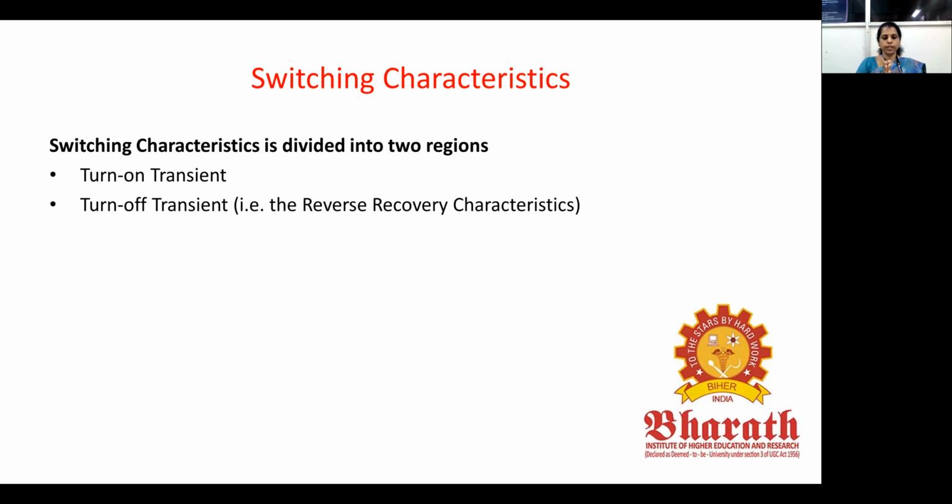Before going into it, we will classify into two regions: one is the turn on transient, the other is the turn off transient. We are going to analyze the various parameters like voltage and current with respect to time. As time increases, what will be the graph for voltage and current? That is what we are going to see in the switching characteristics of the power diode.